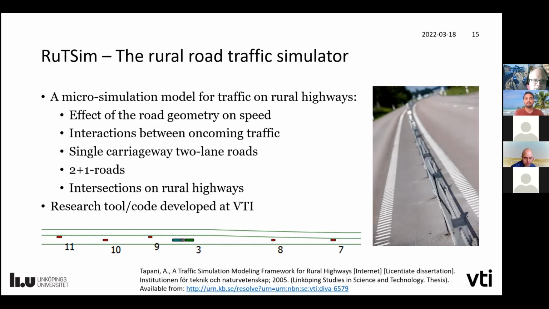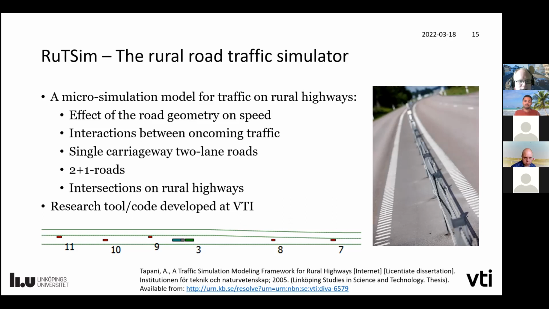If we have these kinds of single carriageways, 2-lane roads, but also in the last 20 years since 2+1 roads started to be built in Sweden, there's also an interest to know, when we have the barrier between the oncoming lanes, how will that affect the traffic performance.